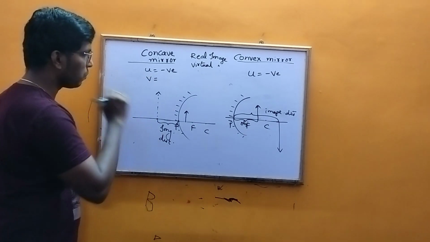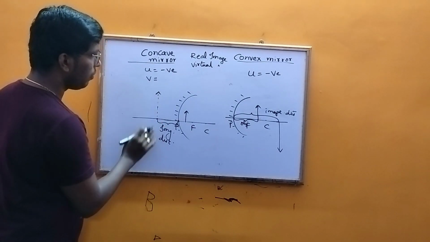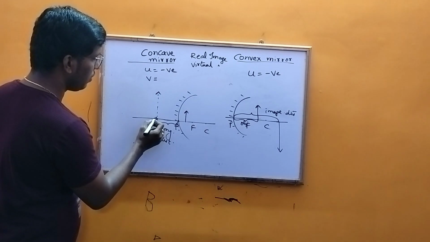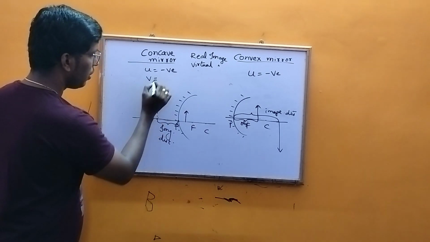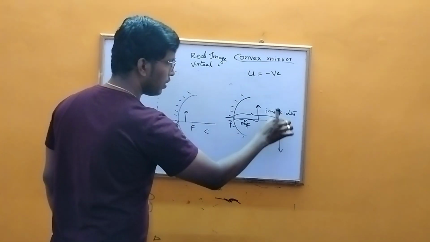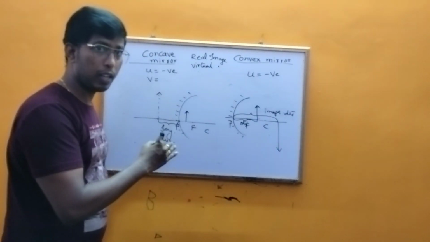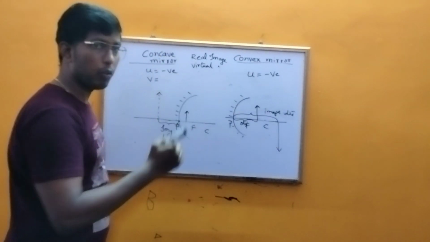For a concave mirror, in one condition the image is in the upward direction, in another condition the image is in the downward direction. We remember the graph: upward positive, downward negative.